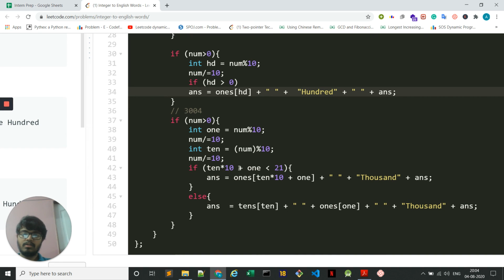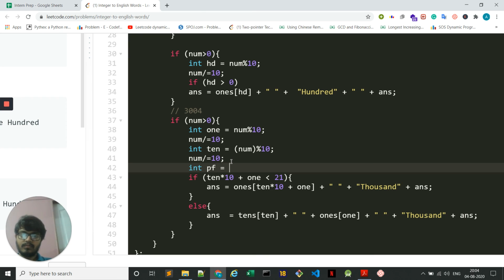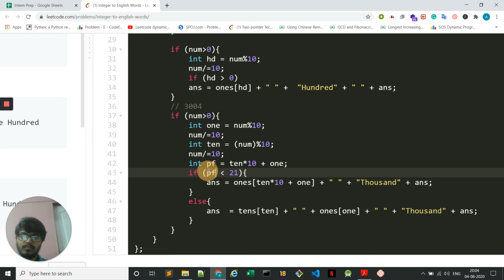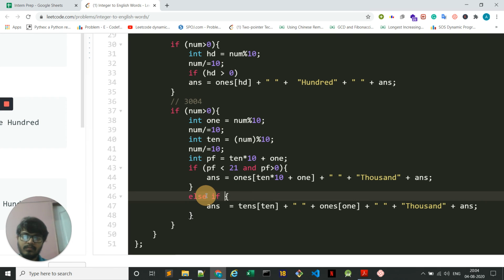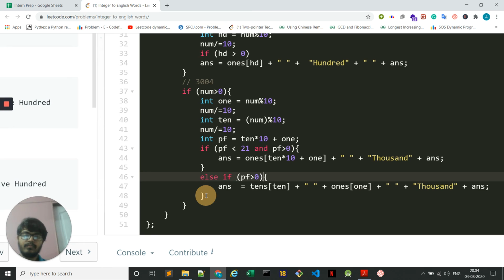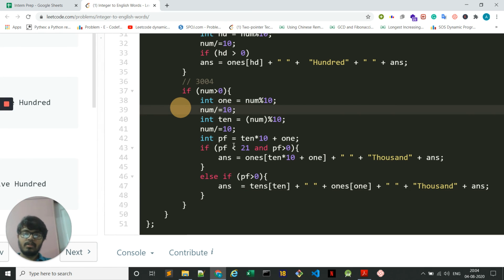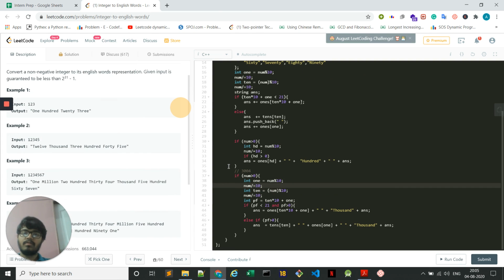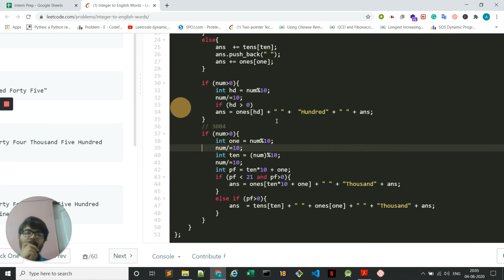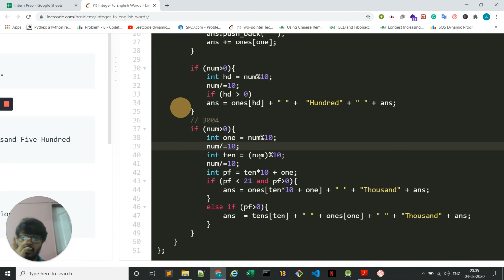Over here as well. If the number is 0, then we won't add anything to it.